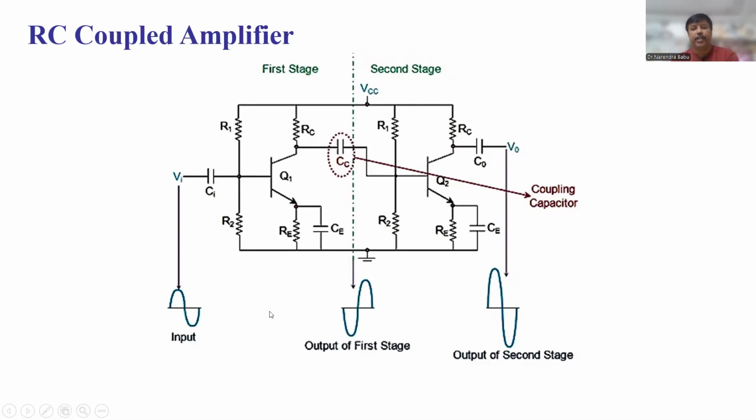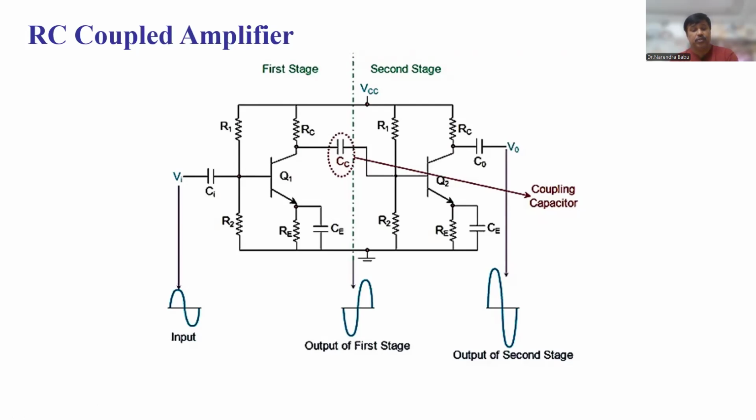The important point to be noted here is the total gain is less than the product of the gains of individual stages. This is because when a second stage follows the first stage, the effective load resistance of the first stage is reduced due to the shunting effect of the input resistance of the second stage. Hence, in a multiple stage amplifier, only the gain of the last stage remains unchanged.